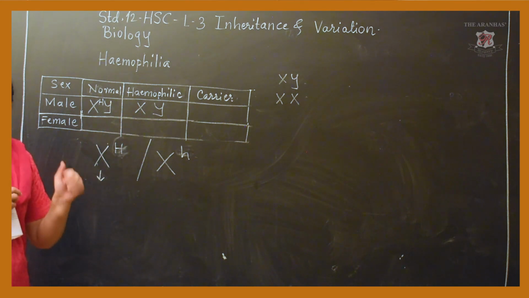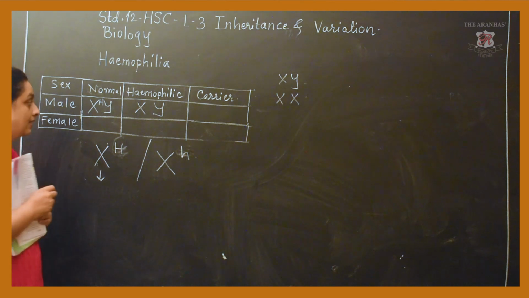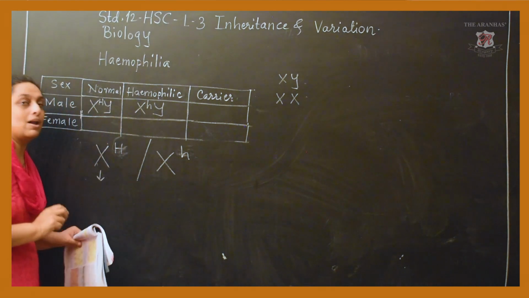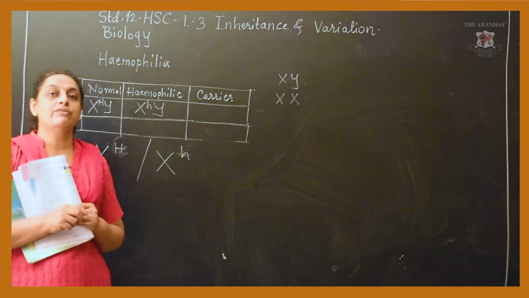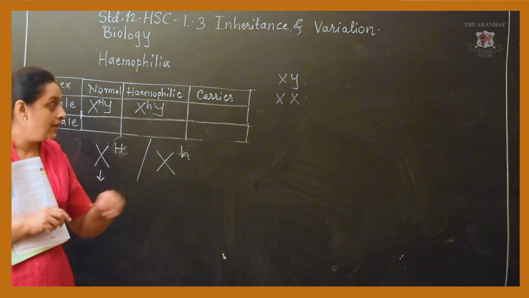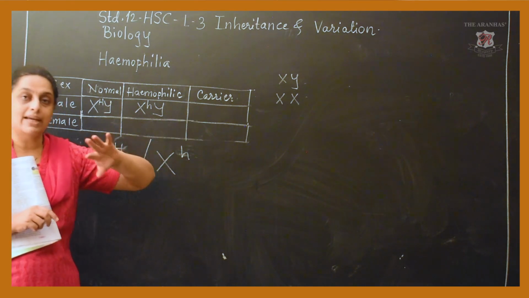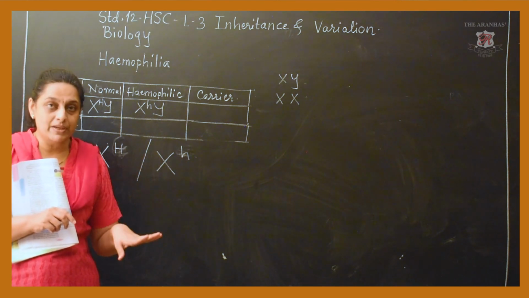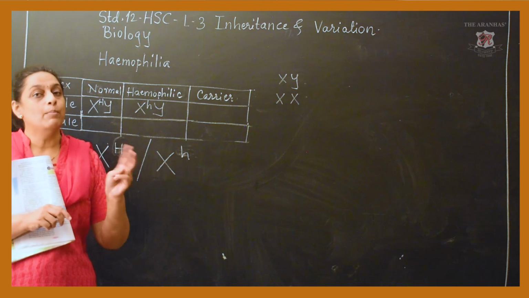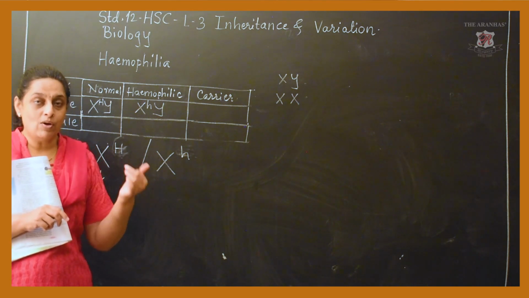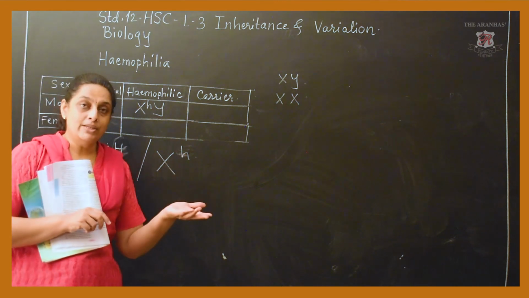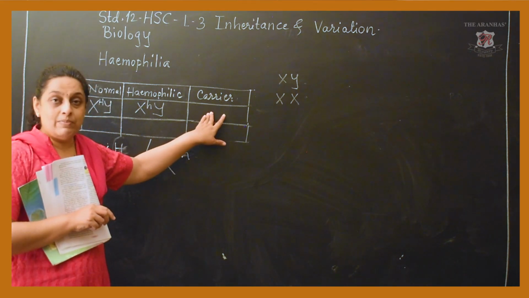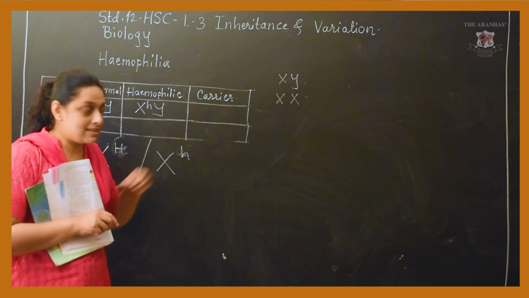And if the male is hemophilic, then the X chromosome will have the small h gene, that is the gene for hemophilia. Now the third case does not exist in males because a carrier will be such a person who has both X chromosomes, because carrier means one gene normal and the other is abnormal. So that possibility does not exist in males.